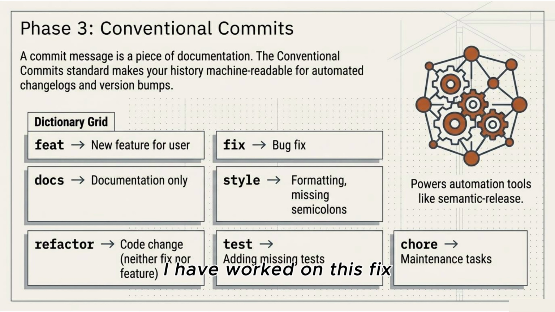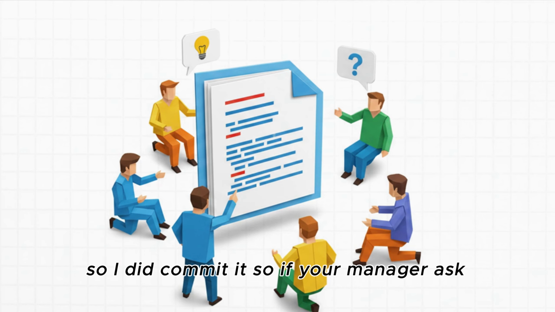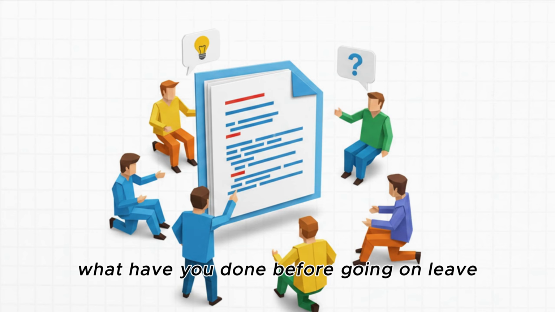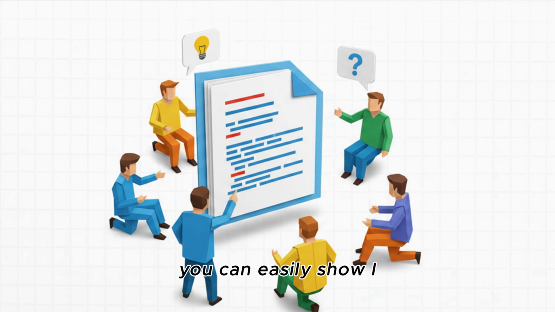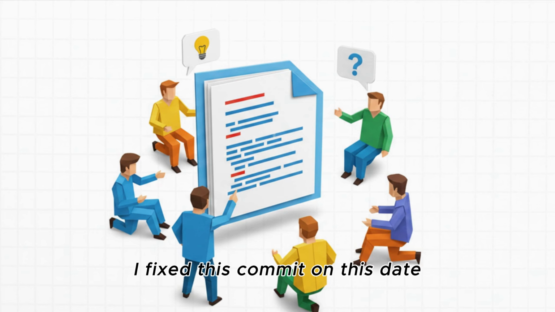Okay, I have worked on this fix, so I did commit. If your manager asks what you have done before going on leave, you can easily show, I fixed this on this date. It is easily readable, and you can easily remember.